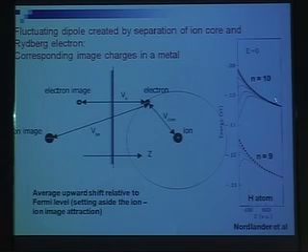We've taken away the attractive ion image interaction from this picture. The states which are higher in energy are ones with the Rydberg electron pointing away from the surface. The ones which are lower in energy are with the Rydberg electron pointing towards the surface.